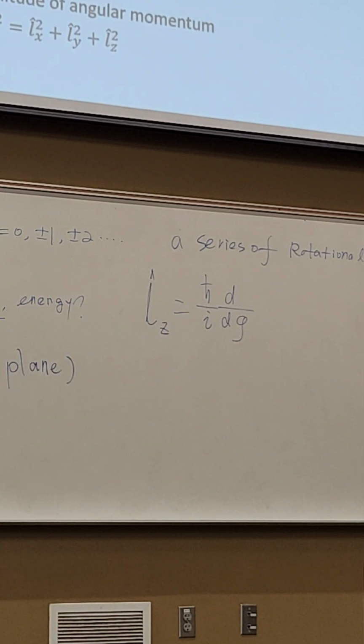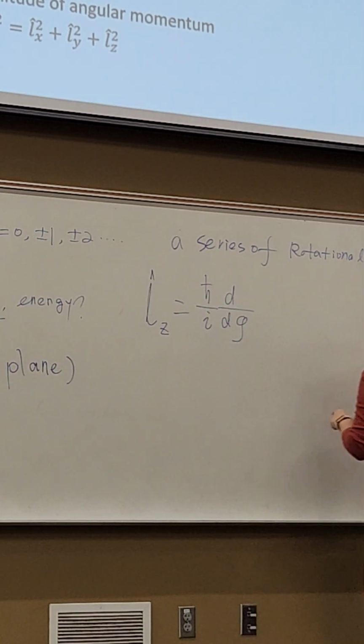h bar over i, then the derivative with respect to phi. Doesn't this look very similar in format to your linear momentum, guys? So let me write it here. What is your linear momentum operator?